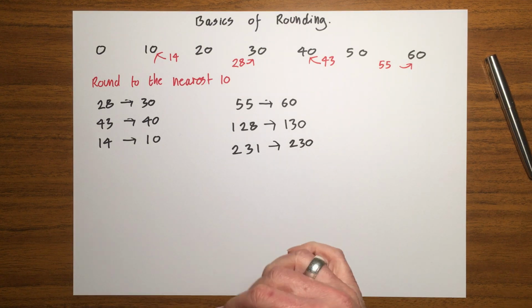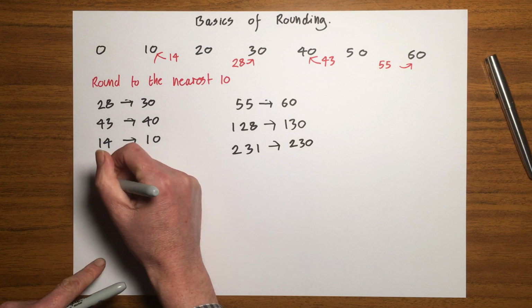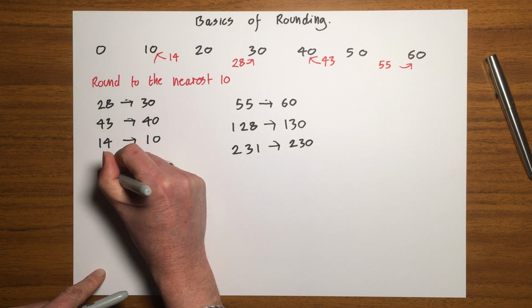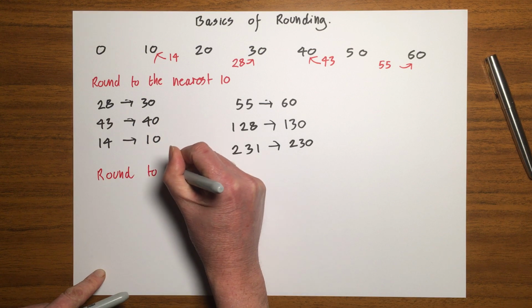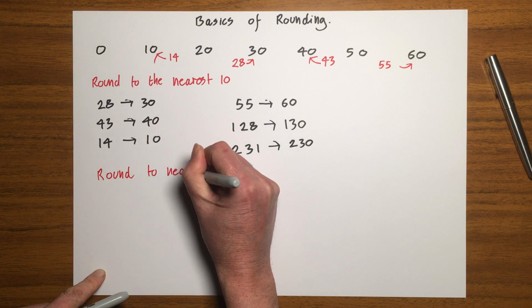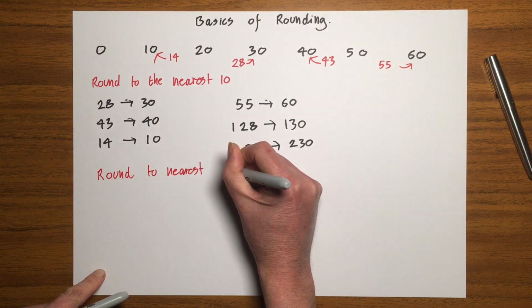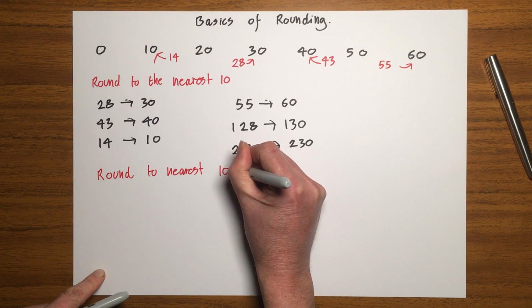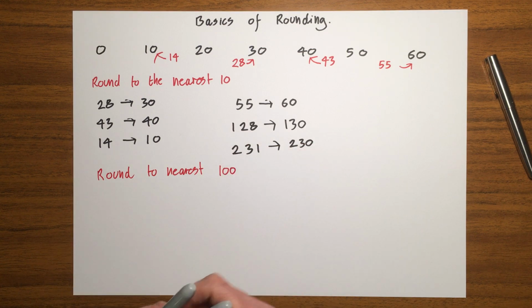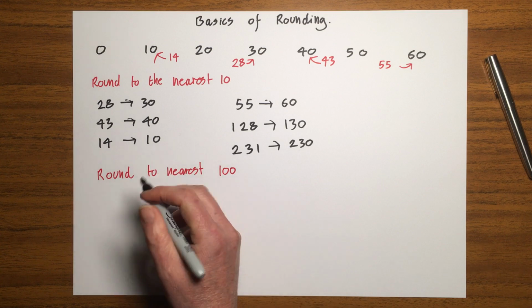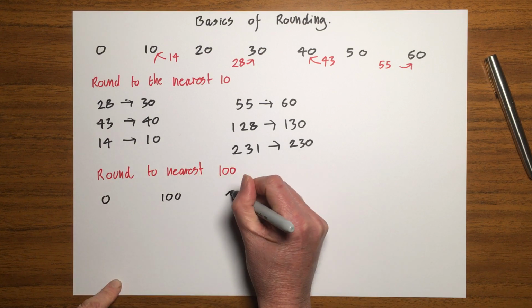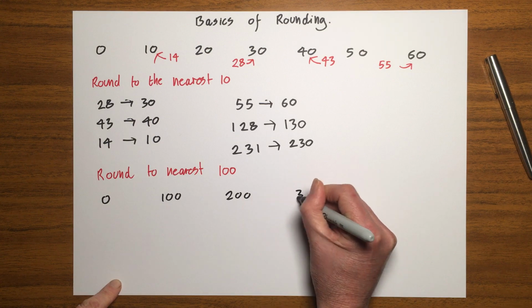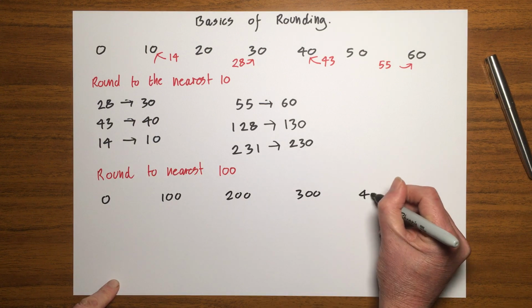Rounding to the nearest 100 is exactly the same, apart from we're looking at a different place value column to round to. So let's have a look at this one. Now here I'd be counting up in hundreds. So let's just do this again. I'll go 0, 100, 200, 300, 400.